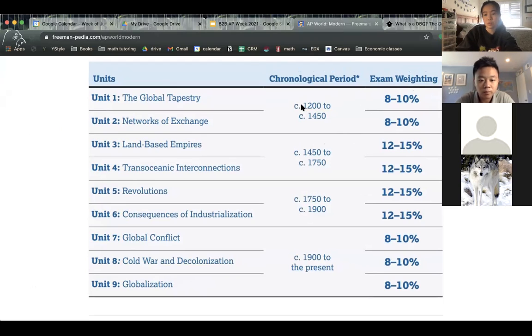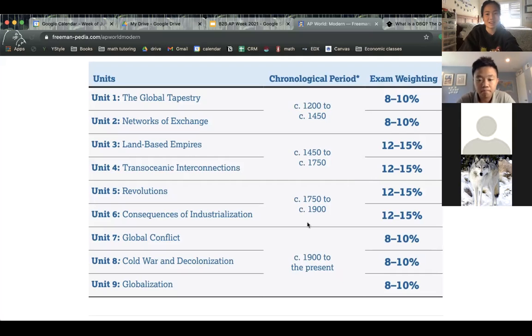So it starts from 1200 to 1450, goes on to 1450 to 1750, 1750 to 1900, and then 1900 to the present. And if you notice, 1450 to 1900 has the biggest weight on the exam, meaning you'll probably see more of it, or it'll be graded with more points.